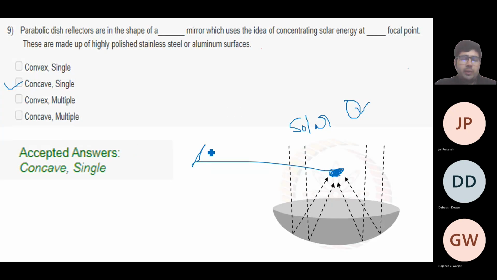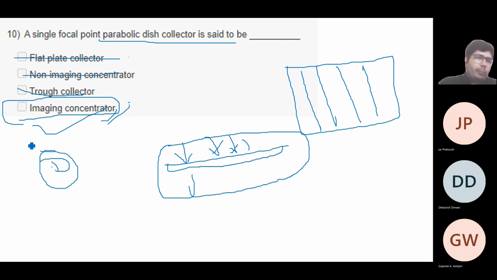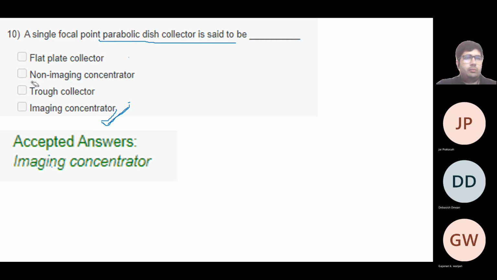So the correct option is option D: a single focal point parabolic disc collector is said to be an imaging concentrator.